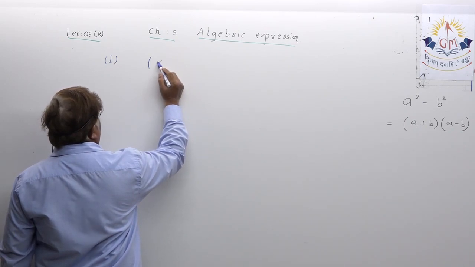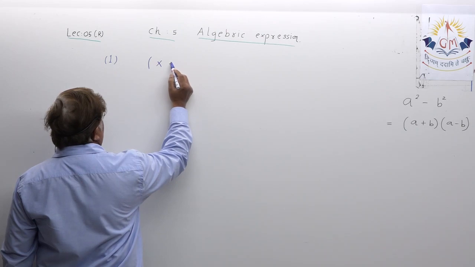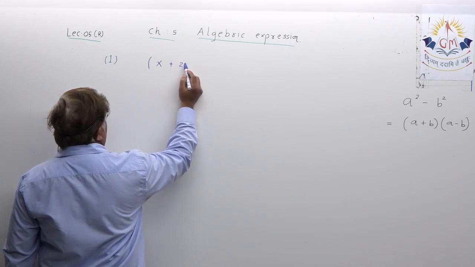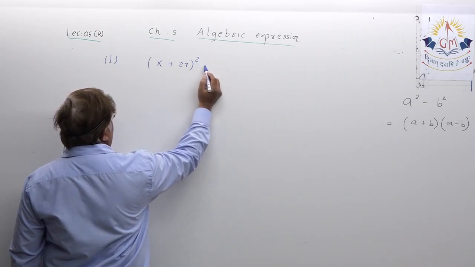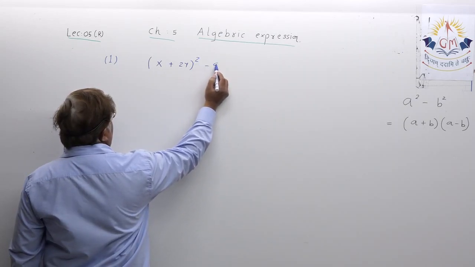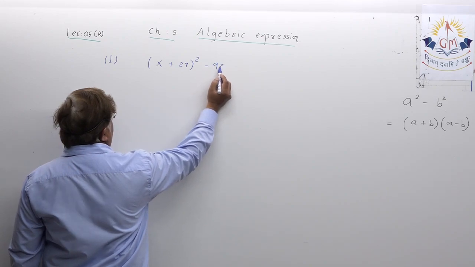Just concentrate. (x plus 2y) whole square minus 9z square.